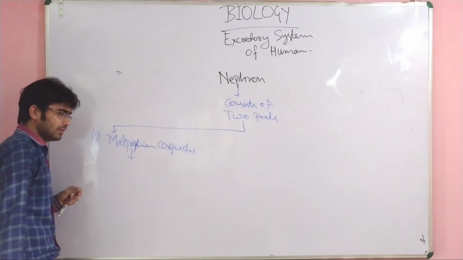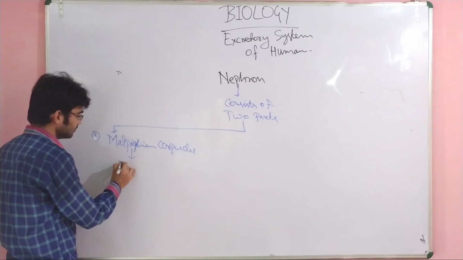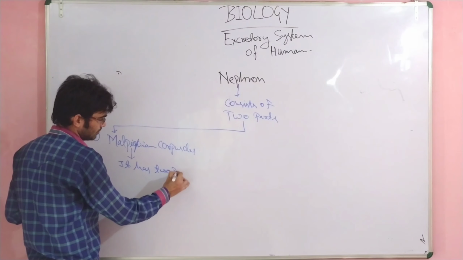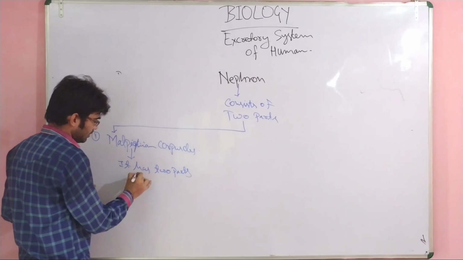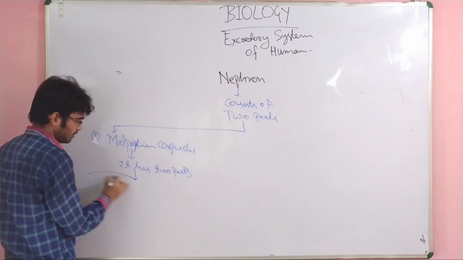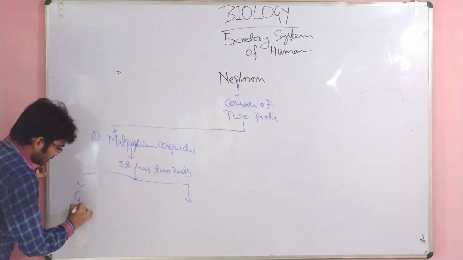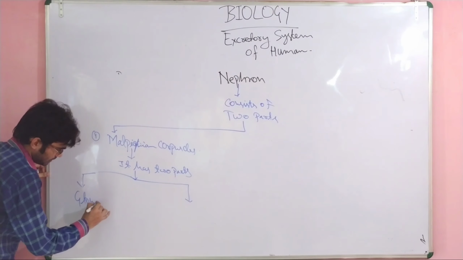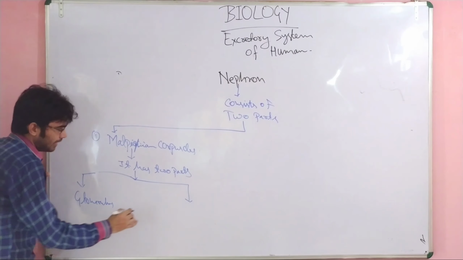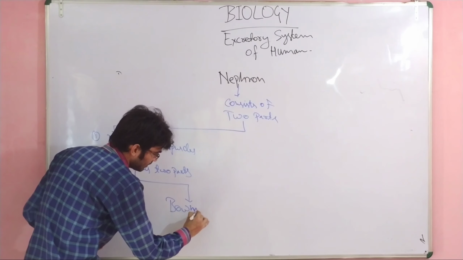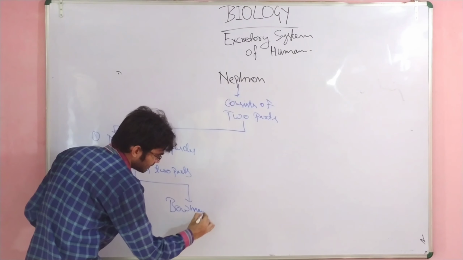It has two parts: glomerulus and Bowman's capsule. Bowman was a scientist.